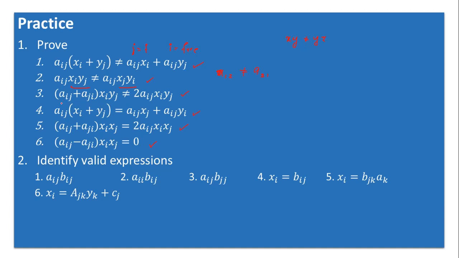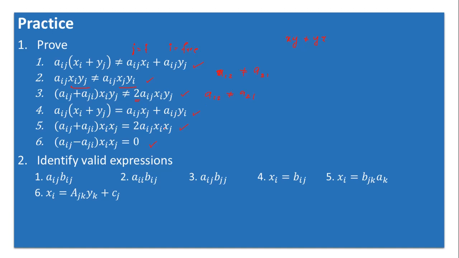Here, when we multiply, a_ij plus a_ji with x_i y_j cannot be the same. When you multiply, this will give the free index and dummy index to be the same. But in this case, this is equal to twice a_ij x_i y_j only if a_ij is equal to a_ji. But this is not true, because a12 cannot be equal to a21.